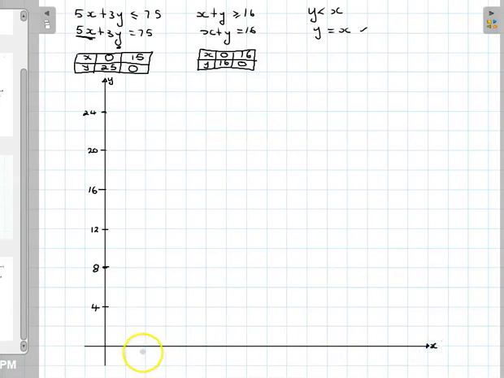And this side, 1 square will represent 1 unit. So we have 2 here, and then we have 4 here, and then we have 6, and then we have 8, 10, 12, 14.